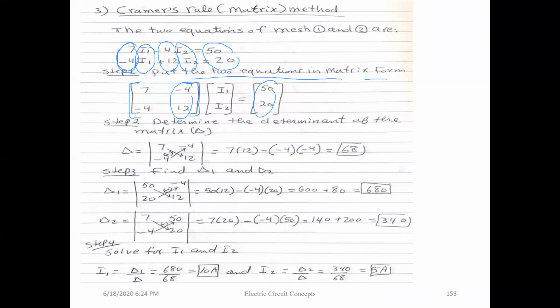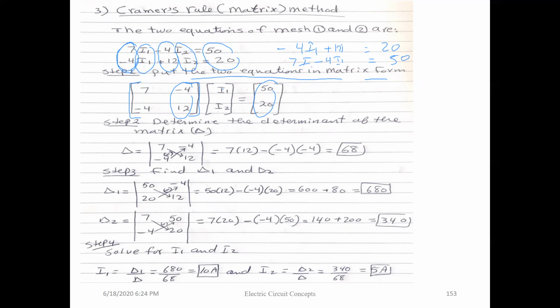Now, if you flip the order, you put -1 I1 plus 12 I2 equal to 20, and you put 7 I1 minus 4 I2 equal to 50, the result will be the same.